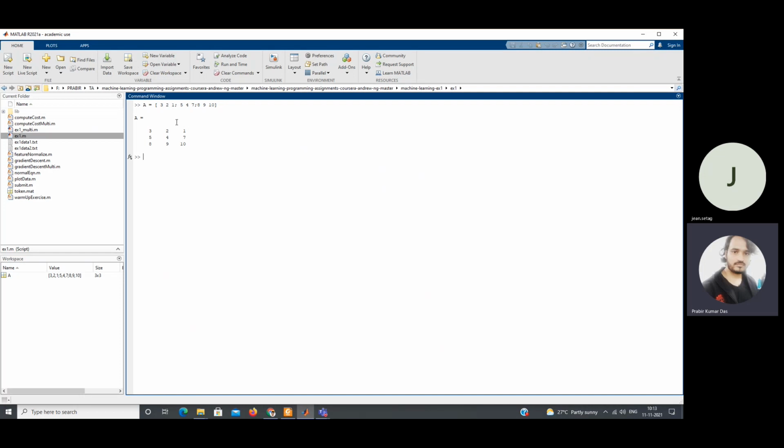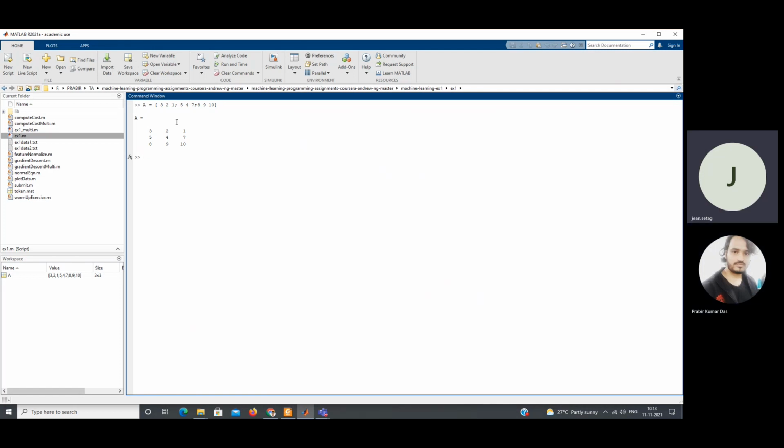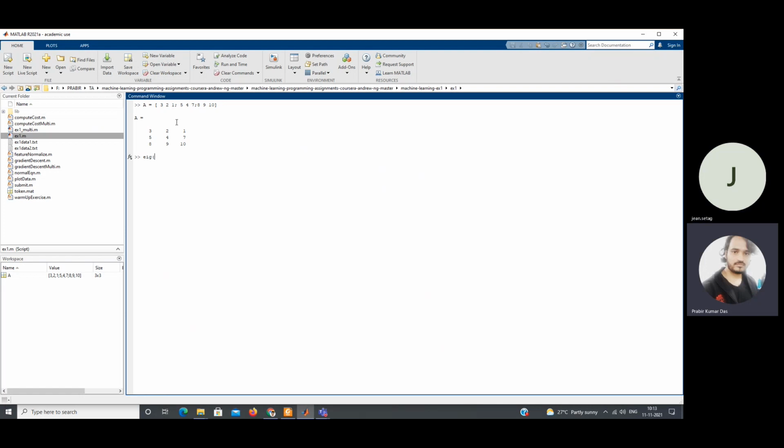Using MATLAB, can you tell me how? I also told you before how we can calculate eigenvalues. I don't know. Okay, so you just type the eig function of capital A and it will give you 3 eigenvalues of this matrix. So in MATLAB, you don't have to know what the eigenvalue is and all those things.